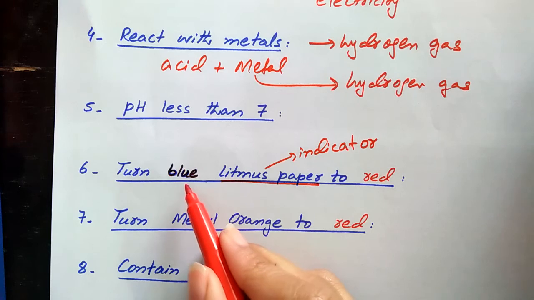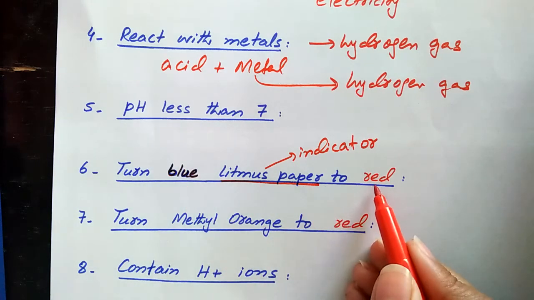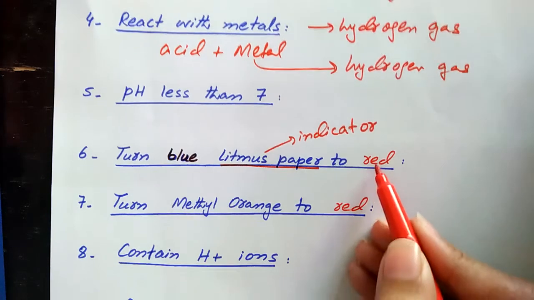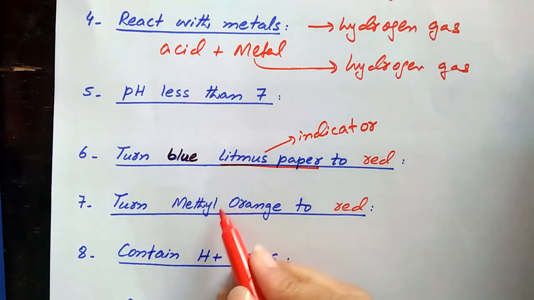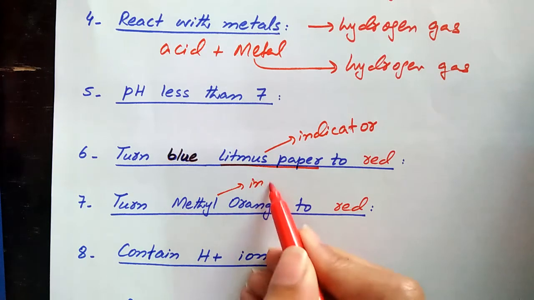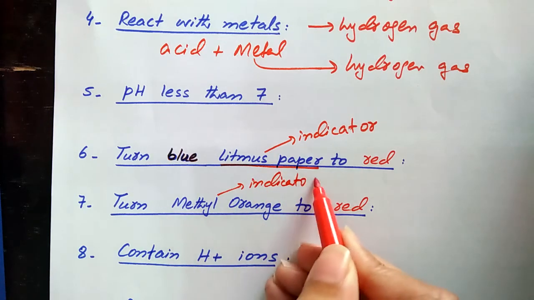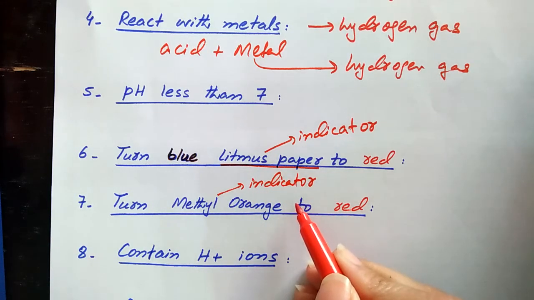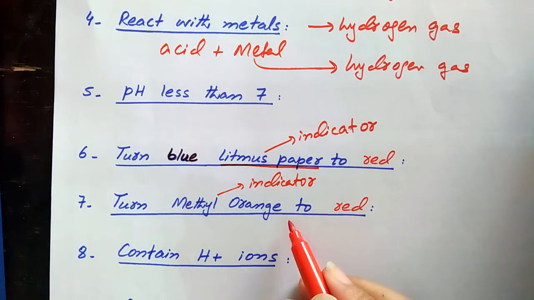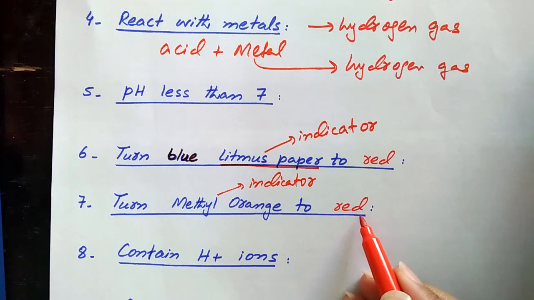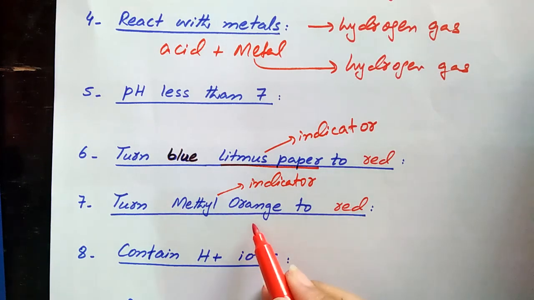So the acids turn blue litmus paper into red, and they turn methyl orange to red in color. Methyl orange is another example of an indicator that basically indicates whether it is an acid or a base. So basically, methyl orange will be turned into red in color when acid is poured into this methyl orange.